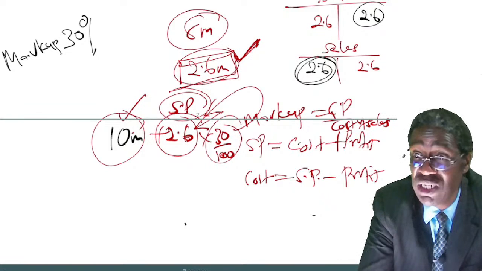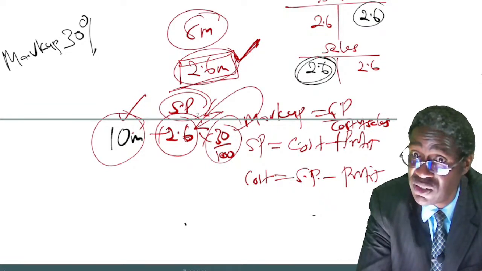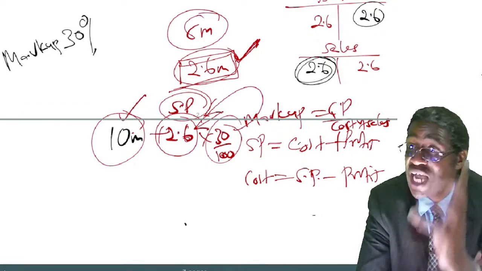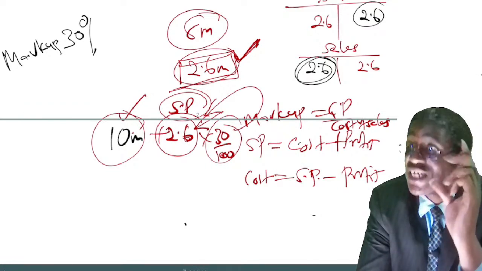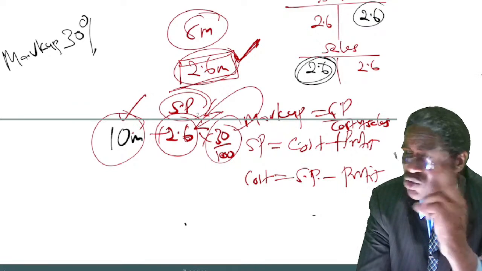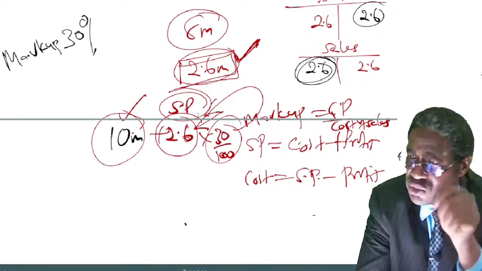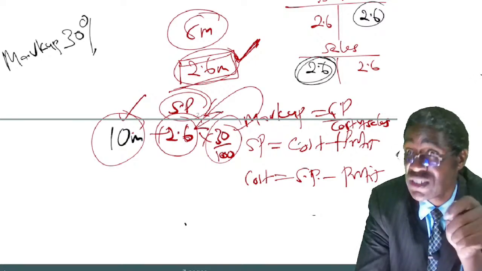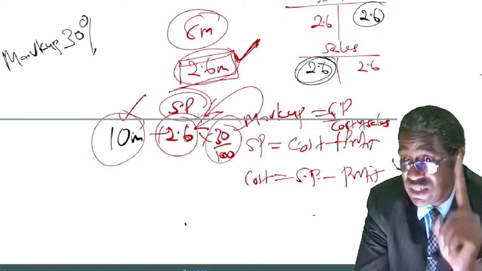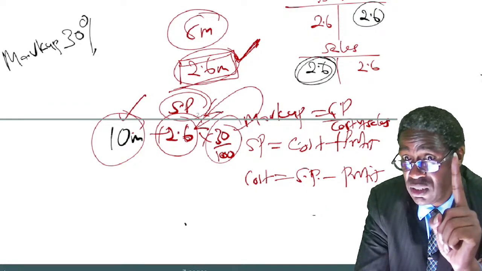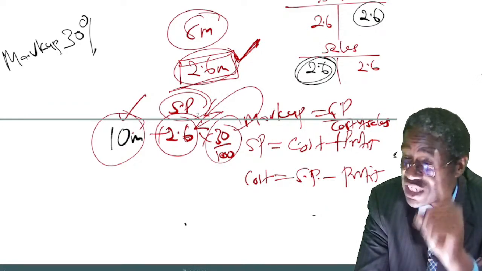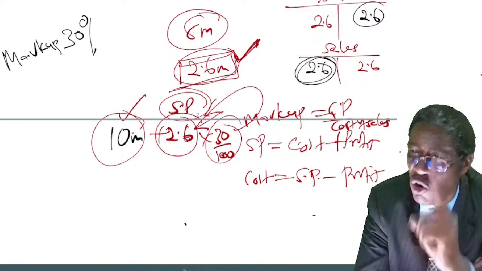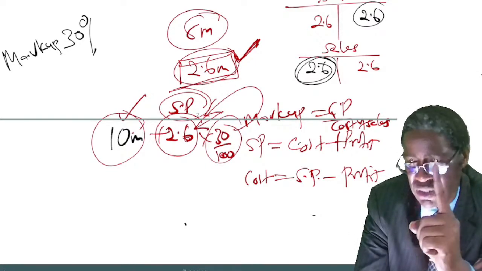So if I use the markup, I don't know the GP and I don't know the cost of sales. So I cannot use markup on the 2.6 because 2.6 is the selling price, and 30% is the markup. And markup goes with the cost of sales, not with the selling price.